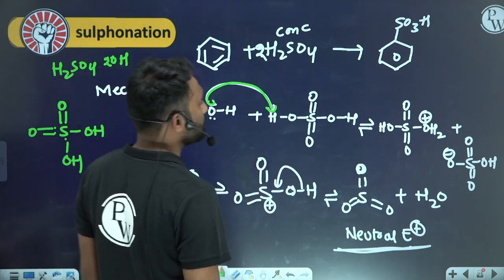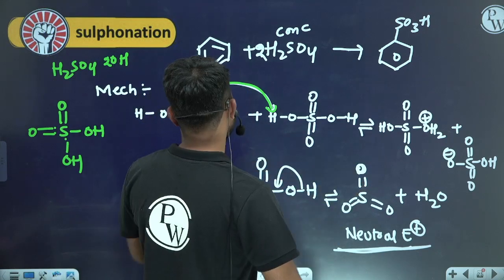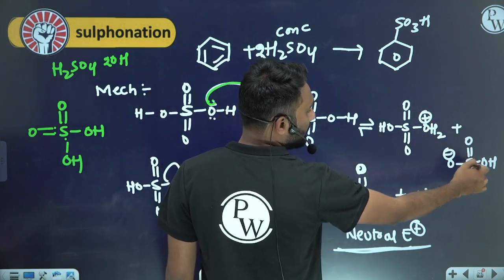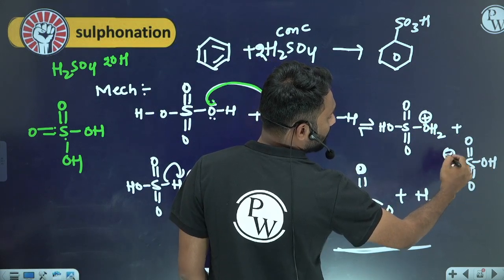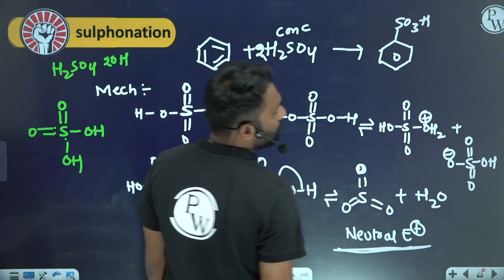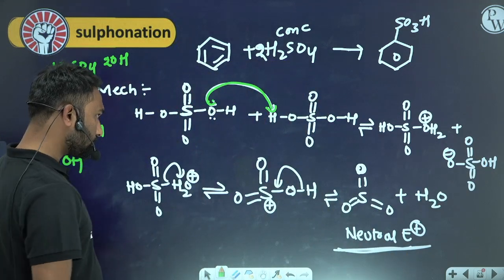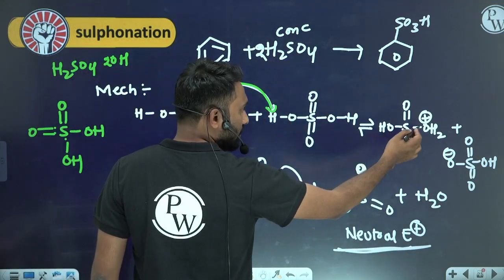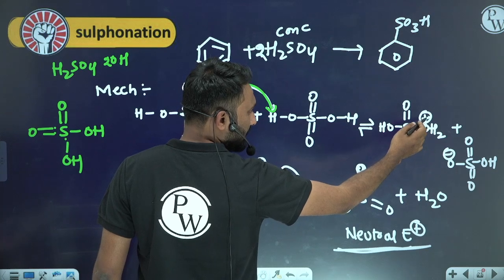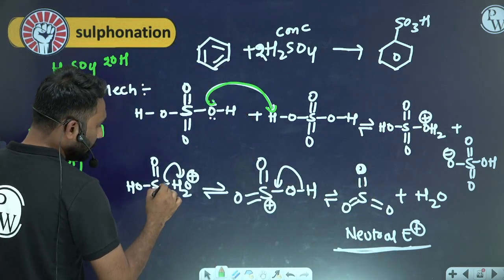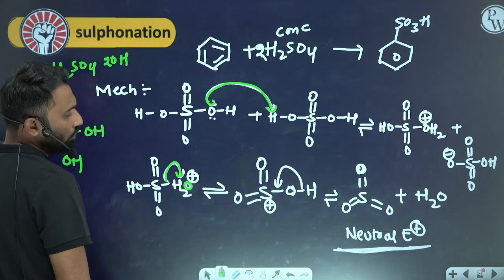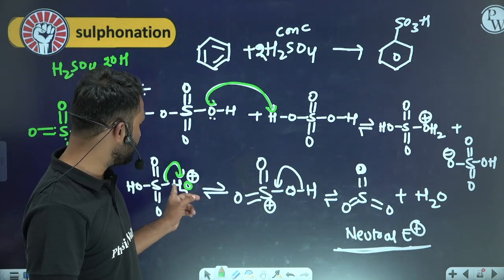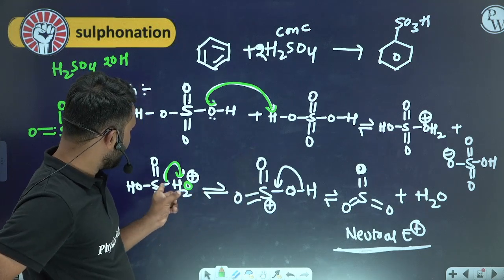When it abstracts this acidic hydrogen, we get H2O and the conjugate base. Now this oxygen bearing the positive charge is unstable, so it will give the bond pair of electrons to stabilize the positive charge, and H2O is eliminated.